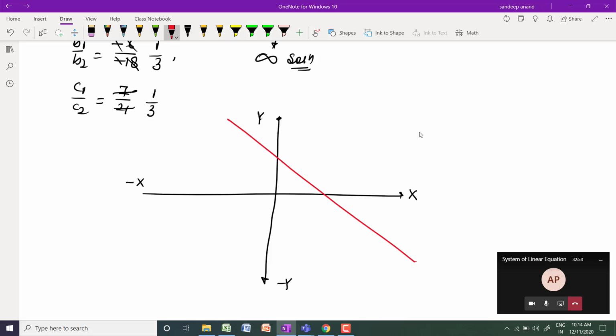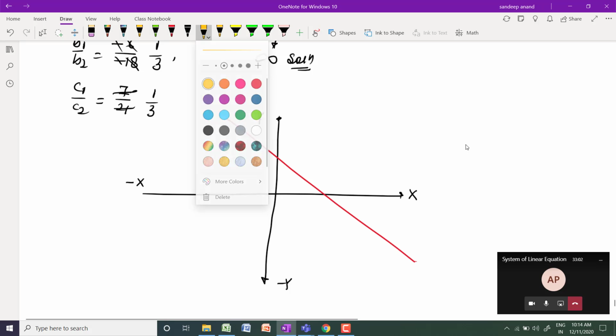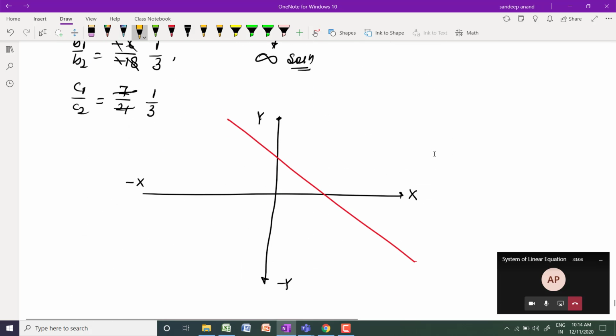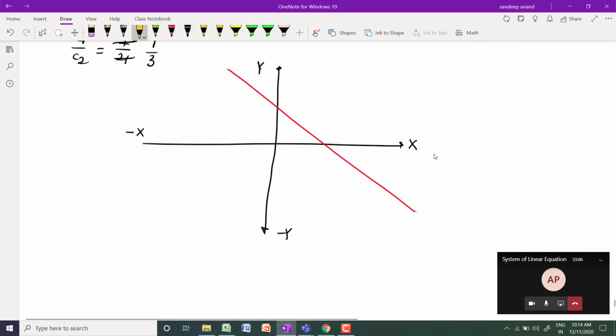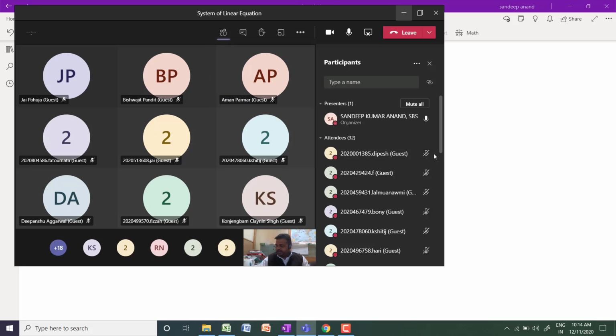Now in the second equation, if you draw a line, you will be surprised to see that the second line exactly overlaps the first line. Whenever there is a case of multiple or infinite solutions, you will get overlapping lines.